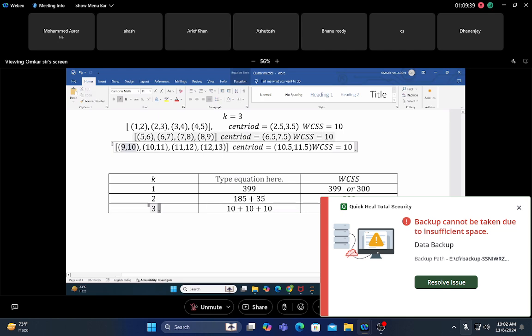The WCSS difference between k is equal to 2 to k is equal to 3 is maximum.